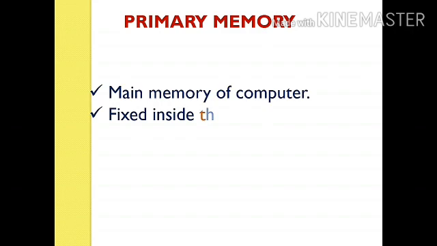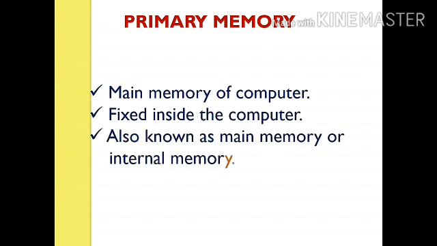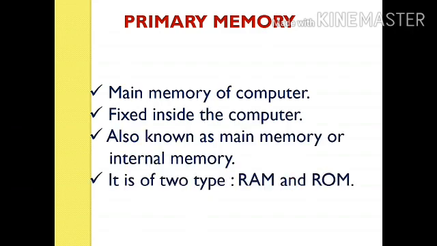Primary memory is also known as the main memory of a computer, and it is inbuilt memory that is inside the CPU. It stores data or instructions currently used by the computer, and it is subdivided into ROM and RAM.